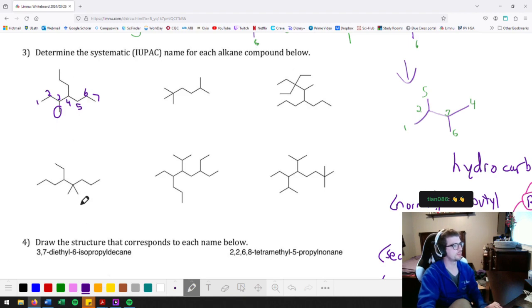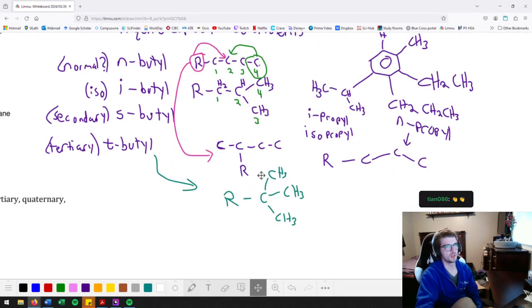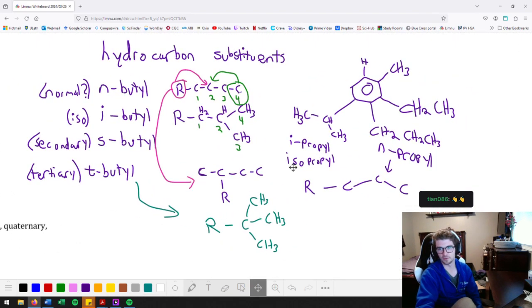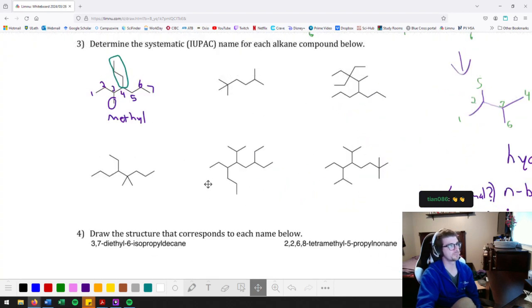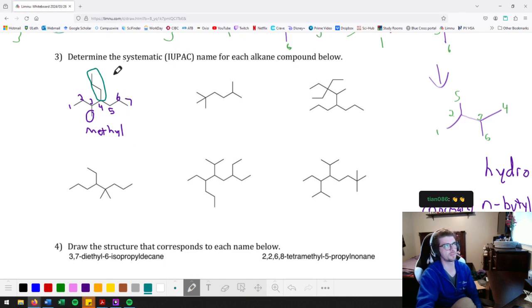Now on carbon 4, we've got 1, 2, 3, a propyl group. And if you'll recall, a propyl group that is just a straight unbranched chain is an N-propyl group. So we do have to be specific about the types of group we're talking about.